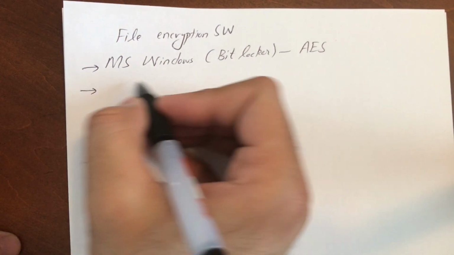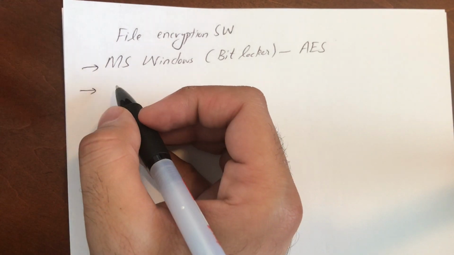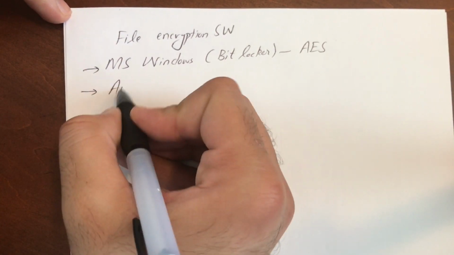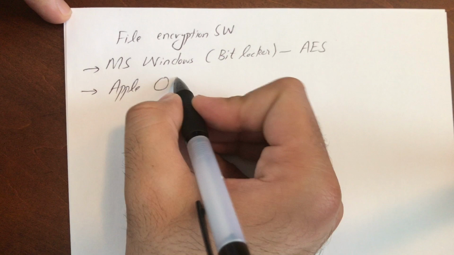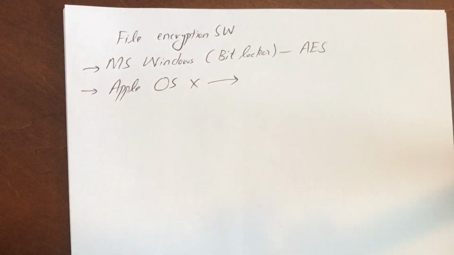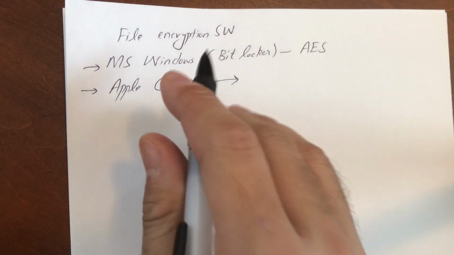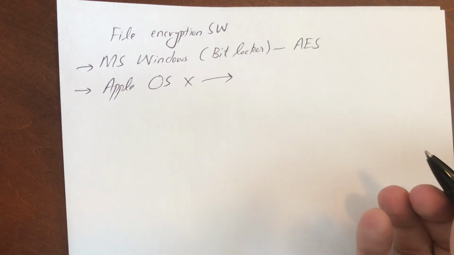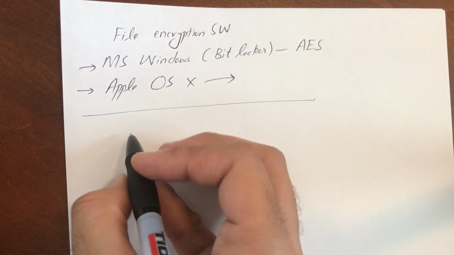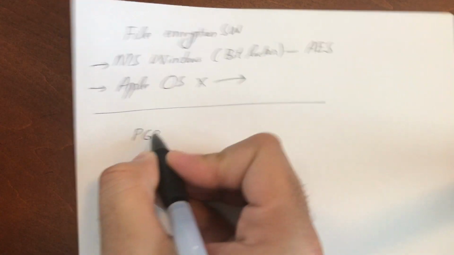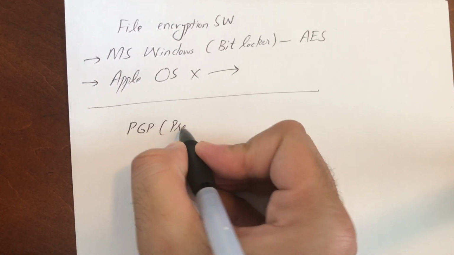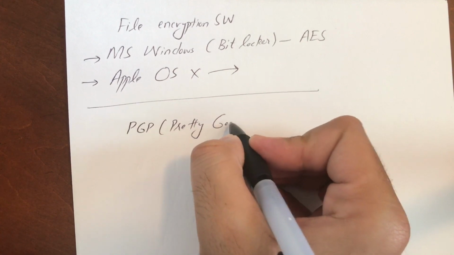Other than that, Apple has its own algorithm. The Apple operating system has its own algorithm to encrypt the data. I forgot exactly what they call it, but I'll figure it out. There are some other independent applications. For example, one is PGP, Pretty Good Privacy.